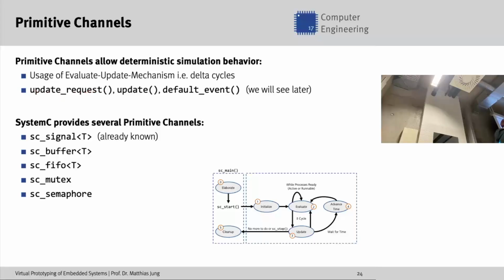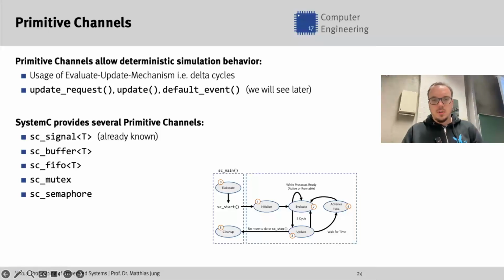So our signal will tell the SystemC kernel, hey, somebody wrote to the signal, we want to update it later in the update phase. Then we have to implement the update function, and we also have to implement the default event function. So let's go back to the source code again.